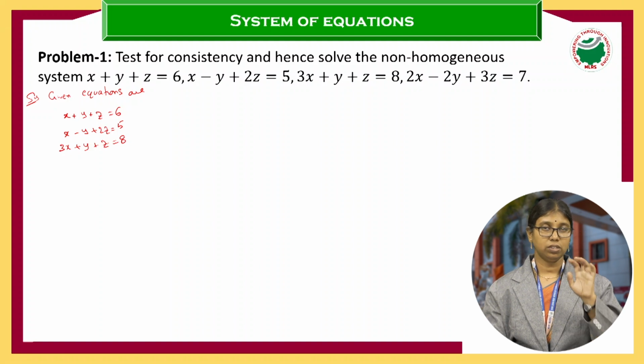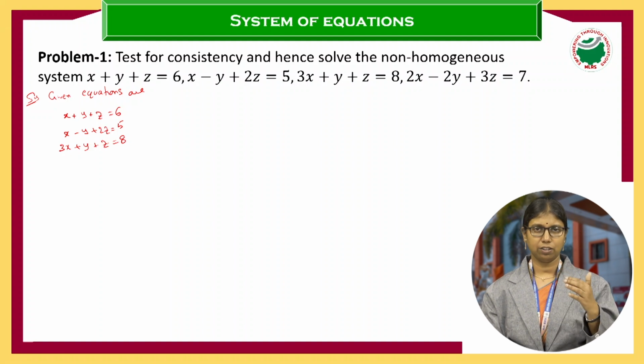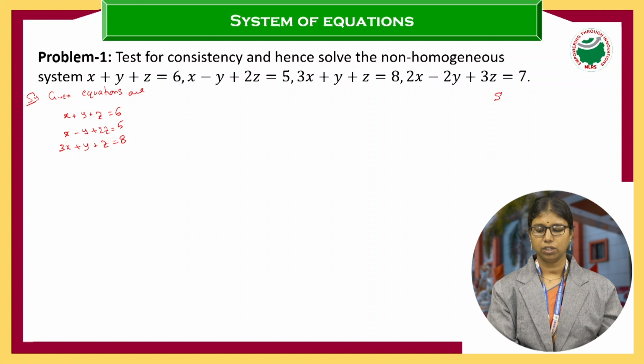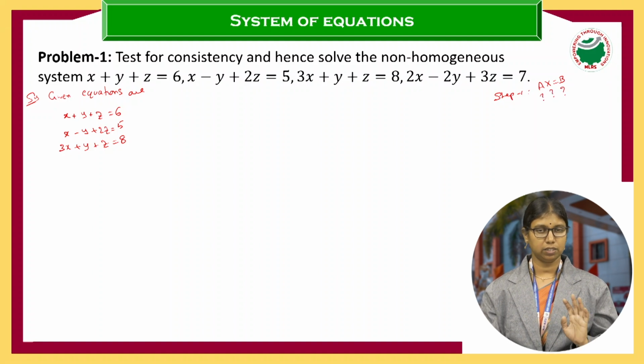To solve these equations, we follow the same steps as homogeneous. Here also, step 1 is to take the matrix representation Ax equal to b, and identify what is A, what is x, and what is b.